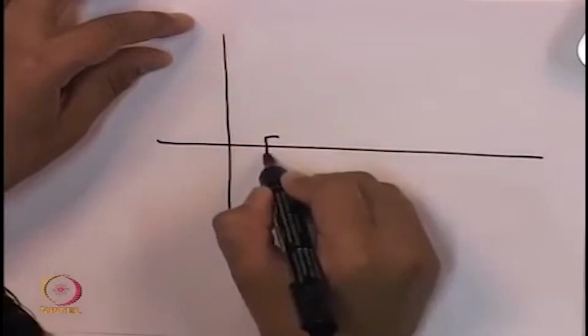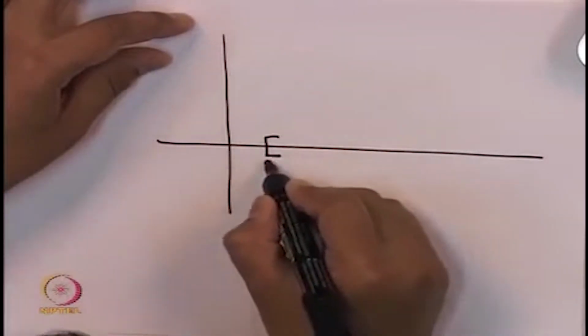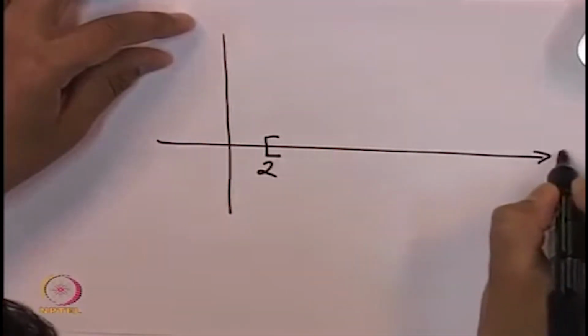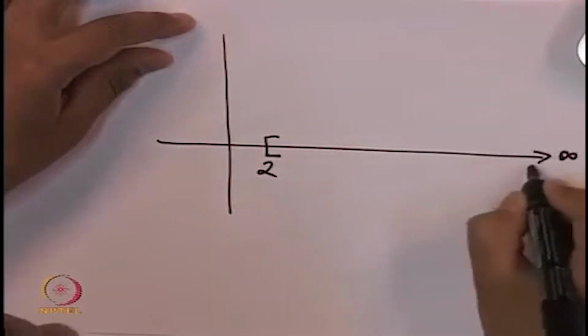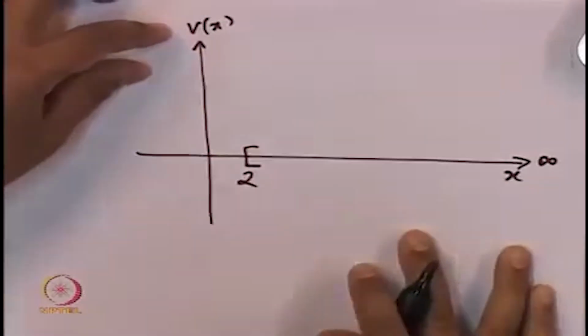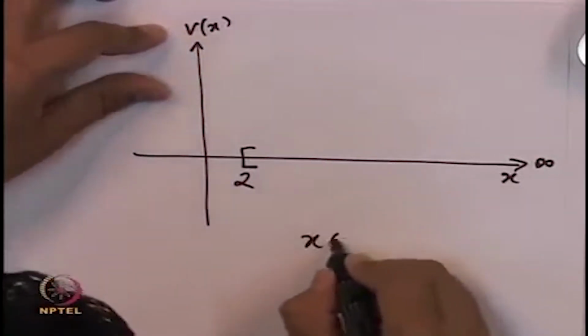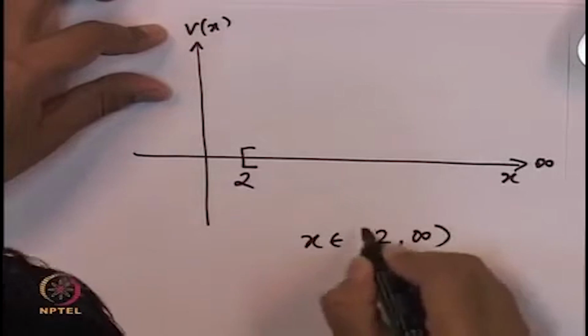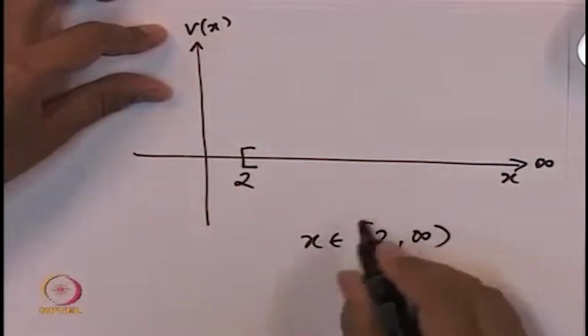And another situation where we can have a closed set over which the function does not achieve its supremum is if the set is itself unbounded. So consider the interval 2 to infinity. This is x, this is v of x. So over x in the interval 2 to infinity, this set itself is a closed set.